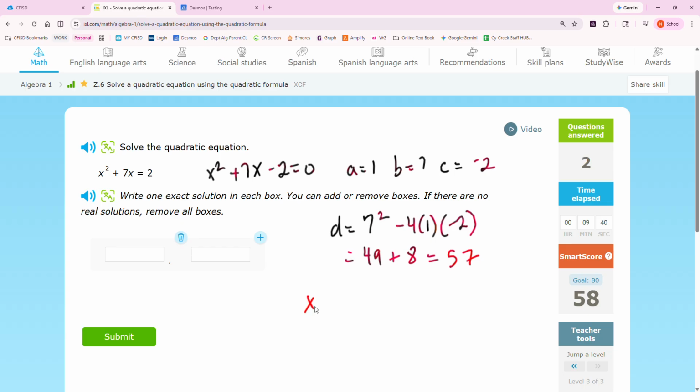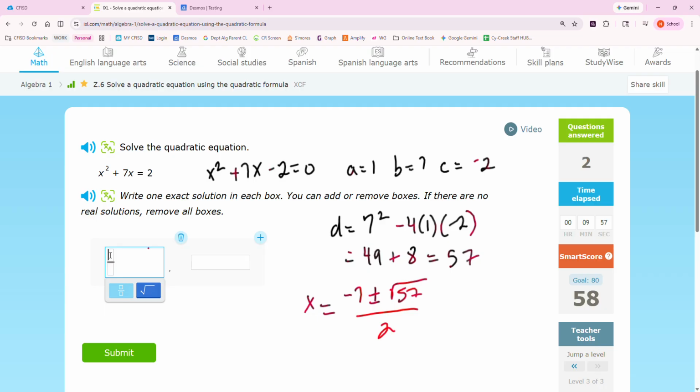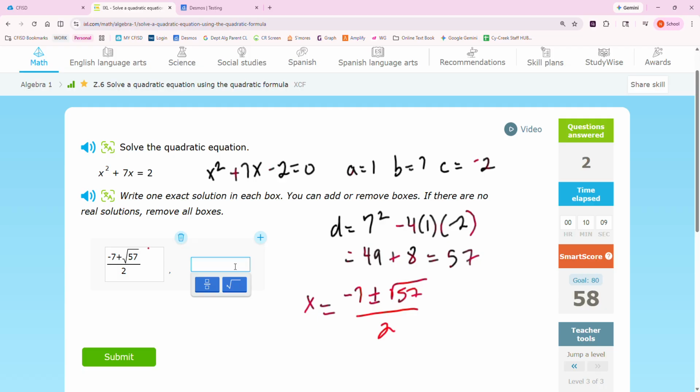So our answer is going to be x is equal to -7 plus or minus the square root of 57 all over 2 times 1, which is 2. So again, in this case, when you put it in here, because this is minus, we can go ahead and keep the fraction. Do -7 and then plus the square root of 57 and then over 2.